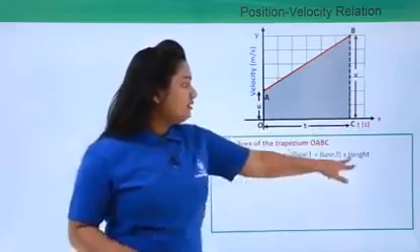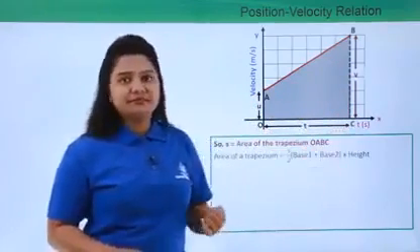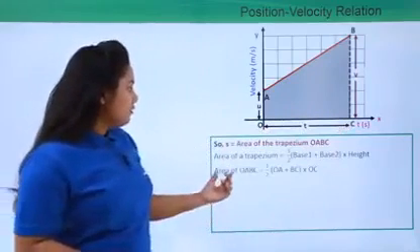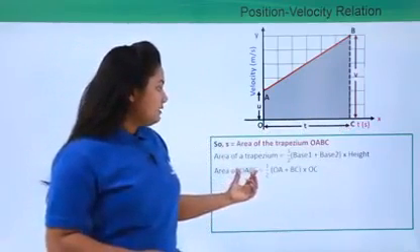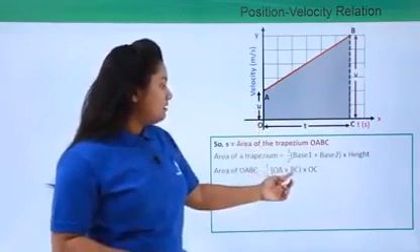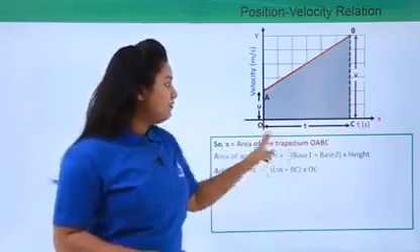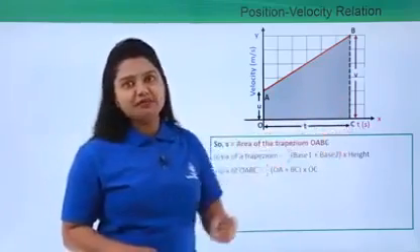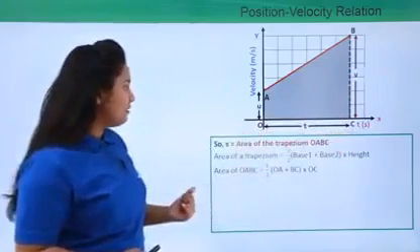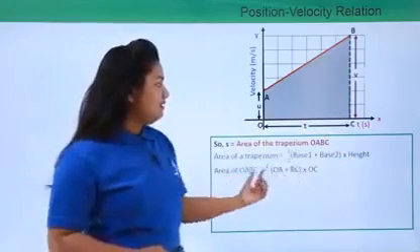And the height of the trapezium is given by the length OC. So the area of the trapezium OABC equals half into base 1, which is OA, plus base 2, which is BC, into OC, which we have taken as the height of the trapezium. Now here we'll be putting all the values in this expression.